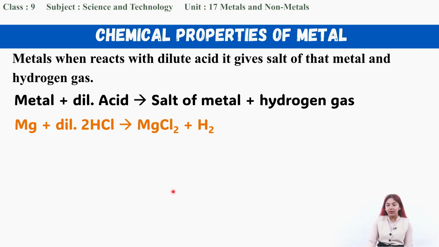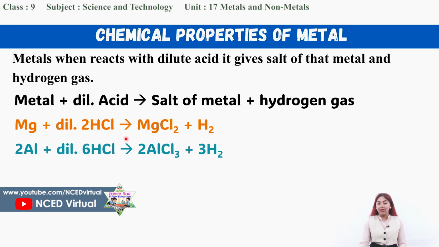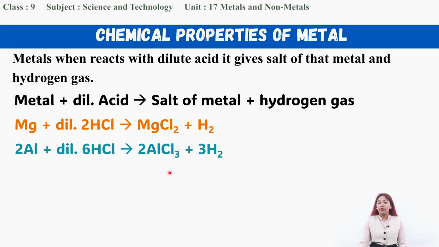Similarly, another metal like aluminium, when it reacts with dilute acid, it displaces the hydrogen that is present in the acid and it forms salt of that metal, that is AlCl. The valency of aluminium is 3 and chlorine is 1. So AlCl3, and it liberates hydrogen gas.